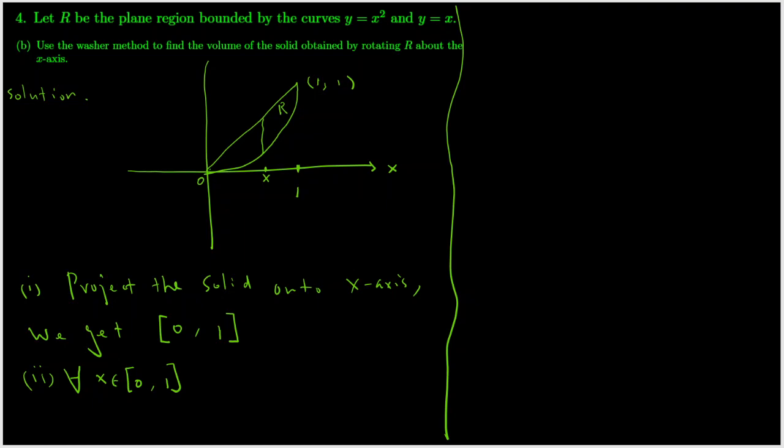You rotate that little line segment around the horizontal line. You have a washer. Actually, the method is called the washer method. Its official name, washer method. That's how we have the term washer.